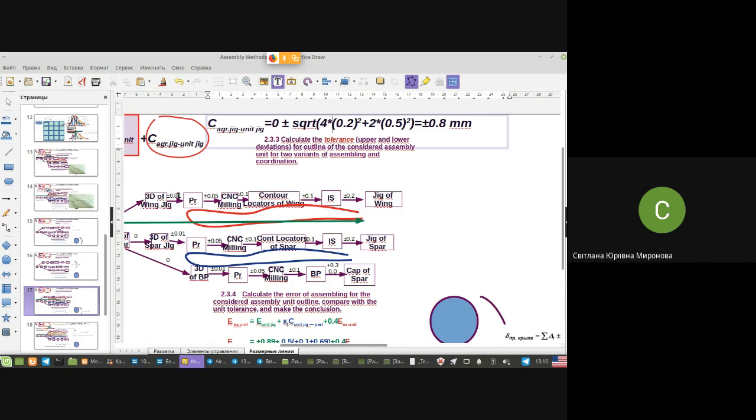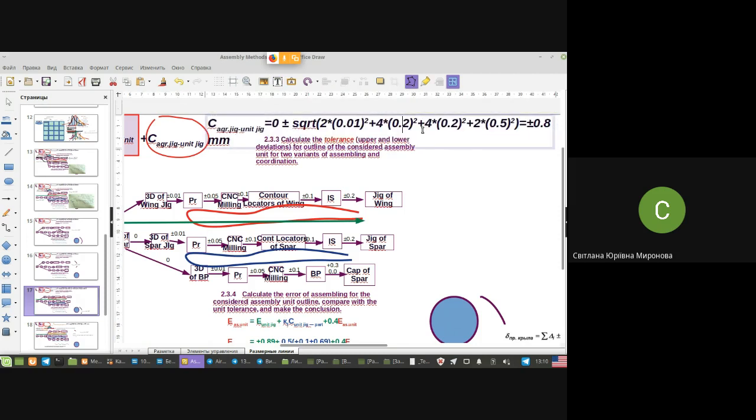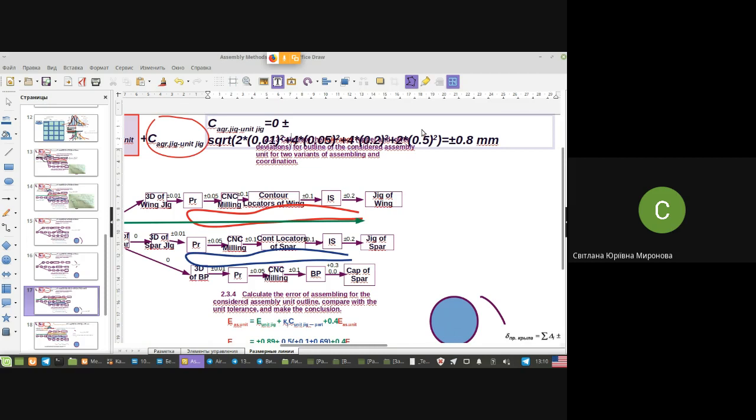Pay attention. 0.1, like this, twice. Next, 0.05, twice.